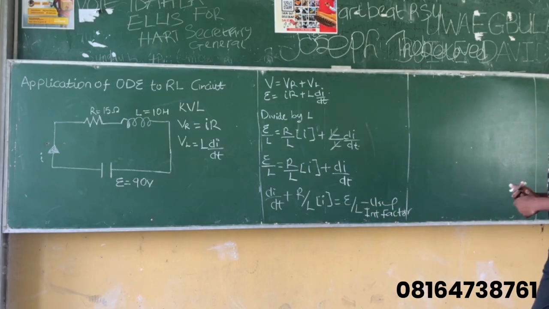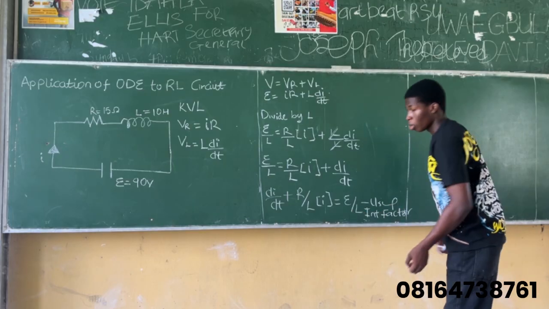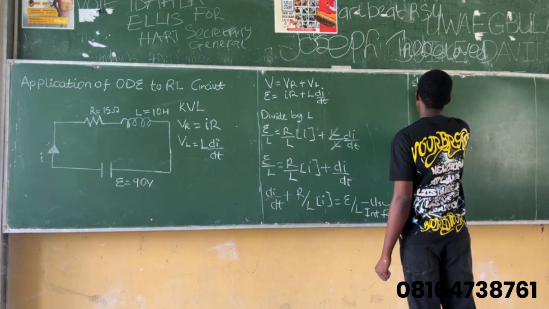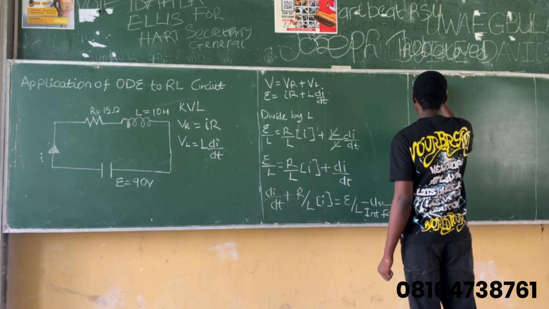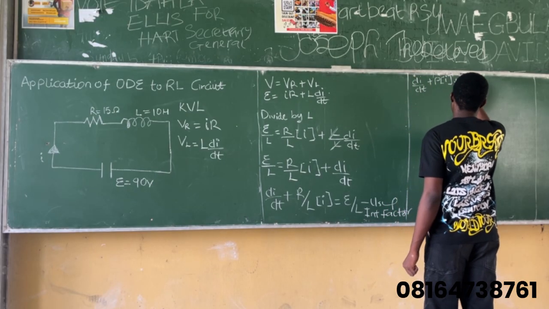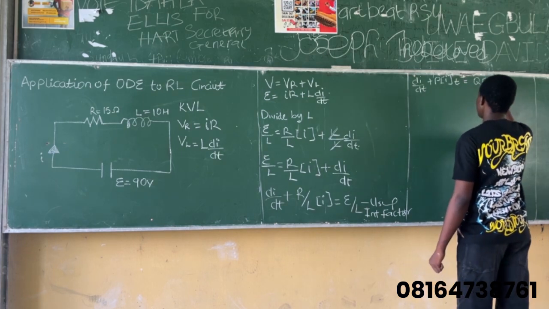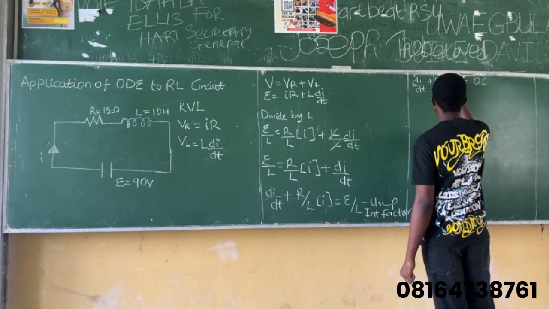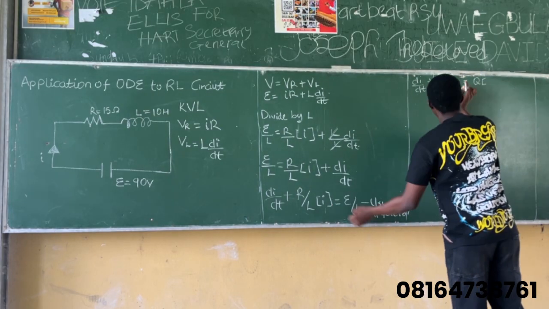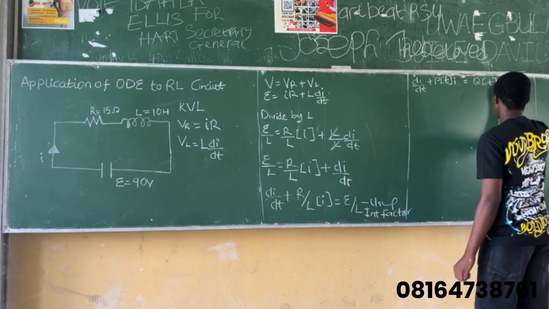using the integrating factor method is basically comparing the equation that we have gotten over here to a standard equation which states that di over dt plus P of t times I is equal to Q of t.